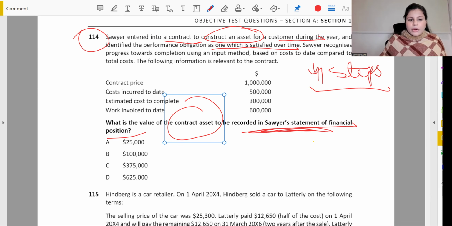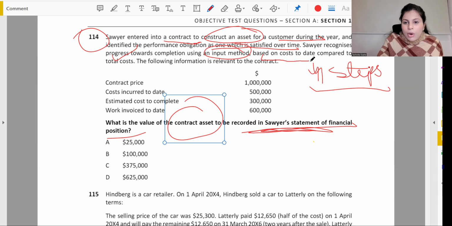First, you need to calculate your overall profit, and then there are further 3 steps that you have to follow. Last step is where you calculate whether it's a contract asset or a contract liability, right? So what I will do here, I am given that Sawyer recognizes progress towards completion using input method.